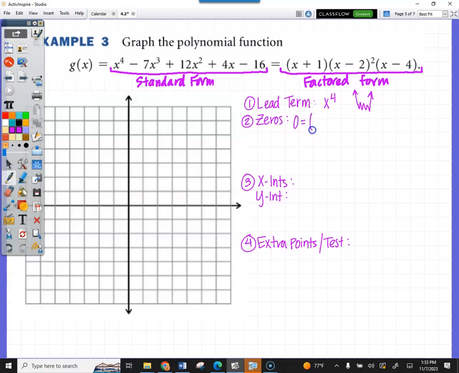This is where you want the factored form. What's the 0 out of this one right here? -1. What about here? With multiplicity 2. And then what about here? As coordinate points?